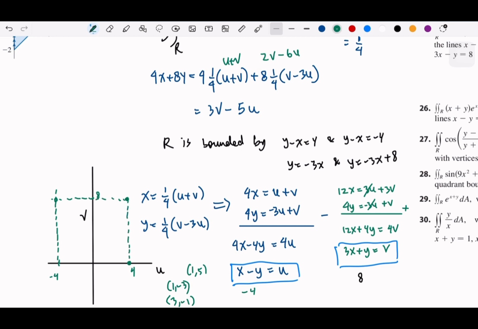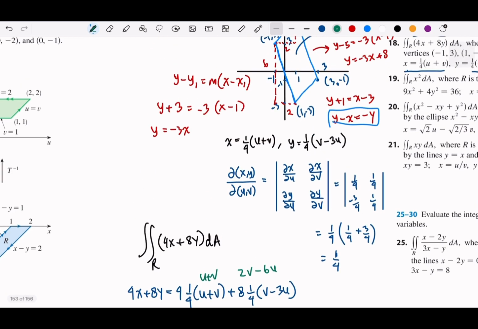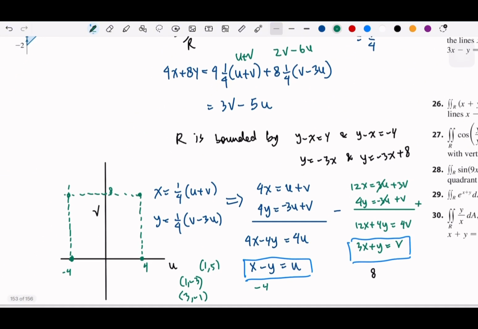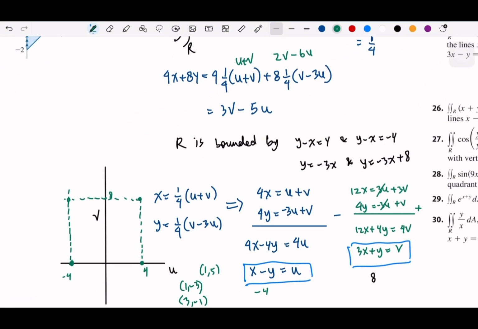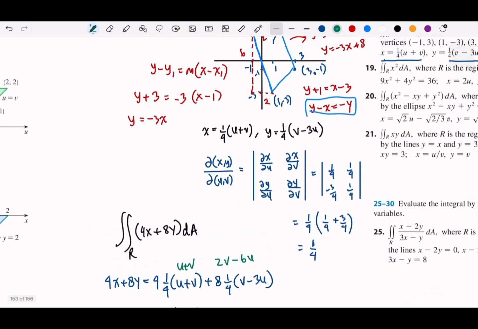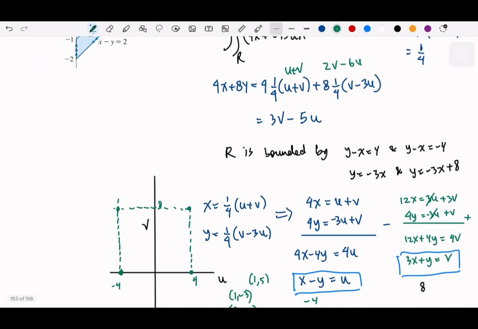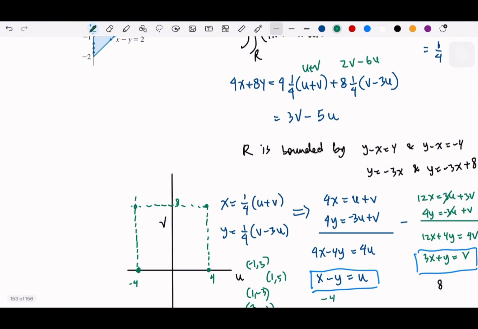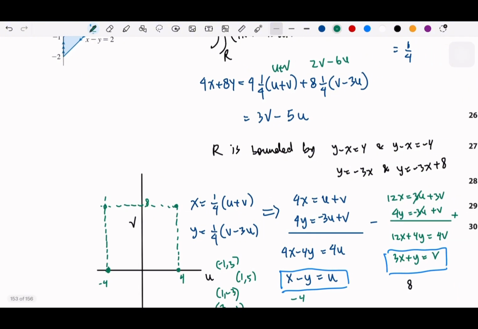And I believe the rest will be this one, right? It should be a rectangle. Usually when you transform the xy, the uv will be a rectangle or square. Then -1 and 3: it's another -4, and then -1 times 3 minus 3 is 0, right? Okay, so it's all here.